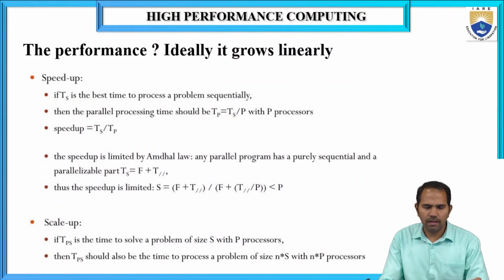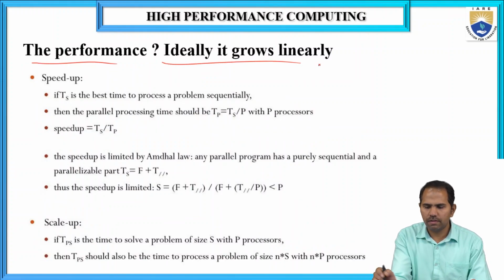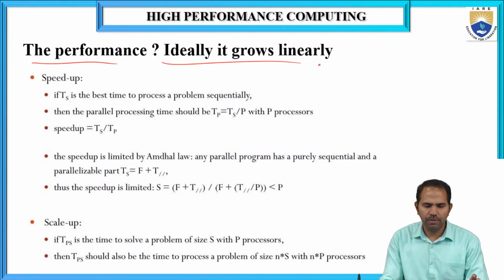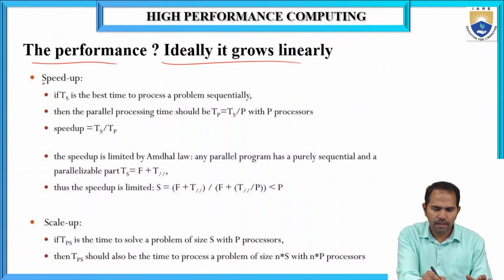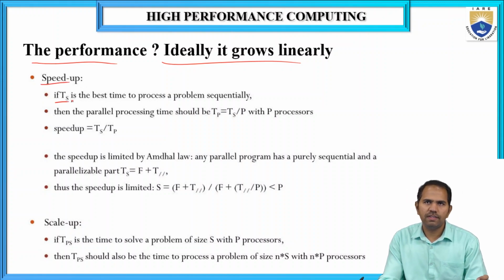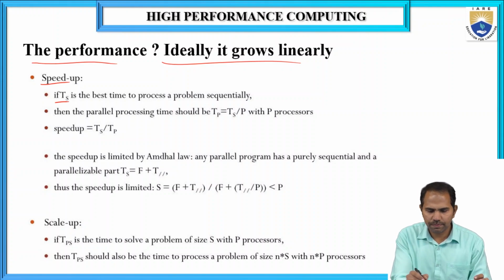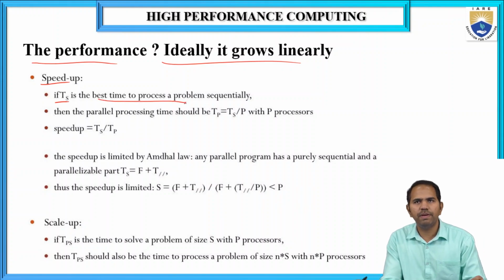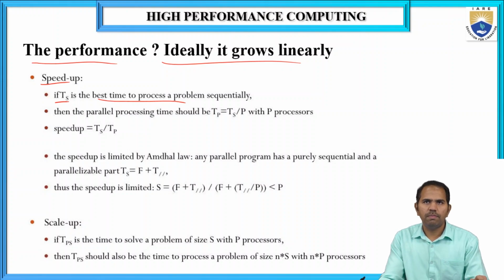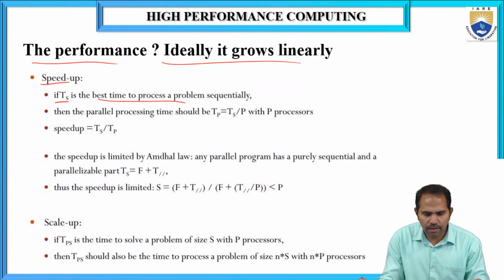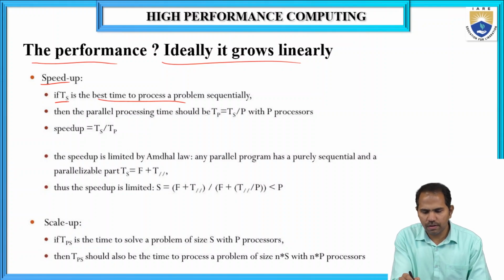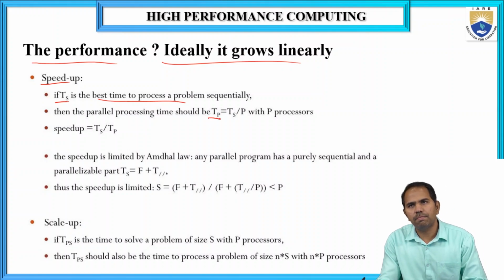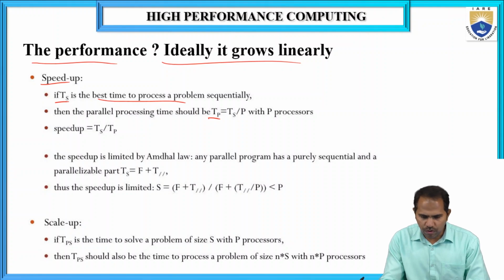How do we measure performance? Mathematically, by the speed up of a computer. Ideally it grows linearly. Now, speed up: TS is the best time to process a problem sequentially. Then for parallel processing, TP is the parallel processing time, equal to TS by P, the best time divided by the number of processes.